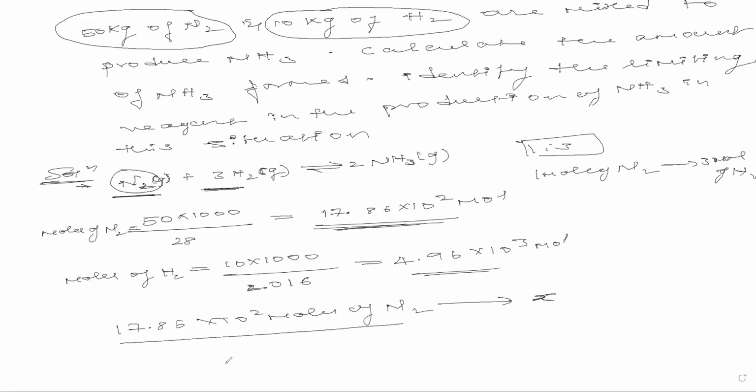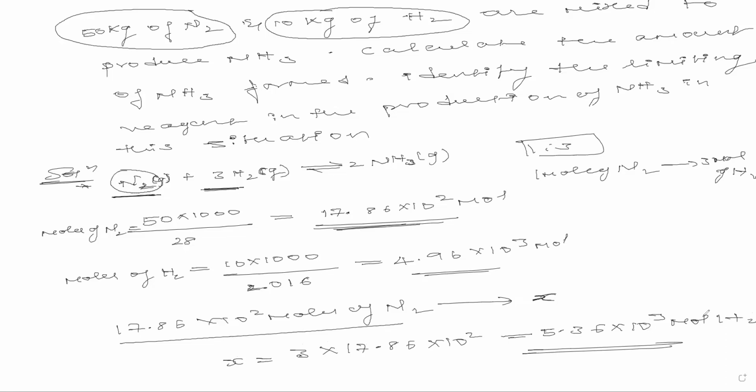You have to calculate that. We already know that 1 mole of N2 requires 3 moles of hydrogen. Same concept here for 17.86 into 10 to the power of 2 moles of nitrogen. Using the unitary method, x is equal to 3 into 17.86 into 10 to the power of 2. So that gives 5.36 into 10 to the power of 3 moles of hydrogen required.